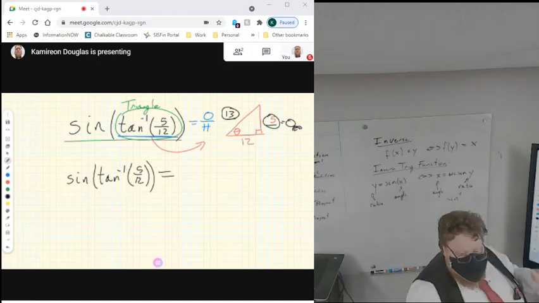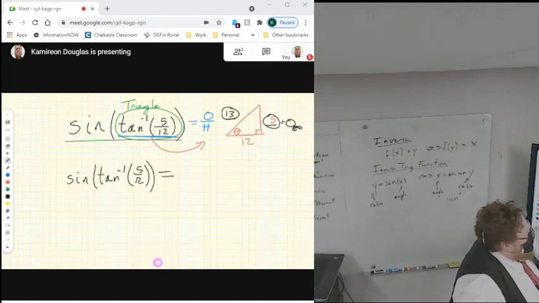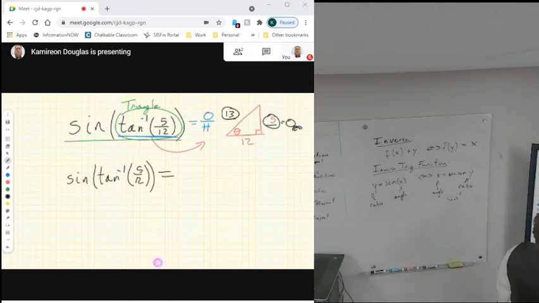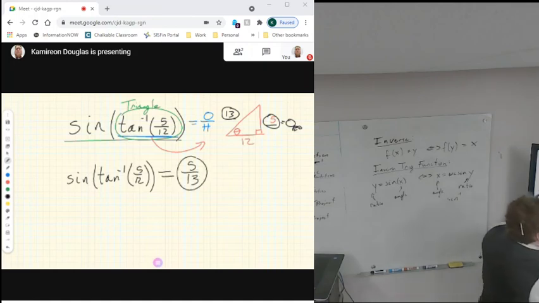We work inside to out. So the tangent inverse builds the triangle, then we investigate the sine of that triangle. So in this example, the sine of the tangent inverse of 5 over 12 is simply 5 over 13, because it represents the sine of this defined triangle.